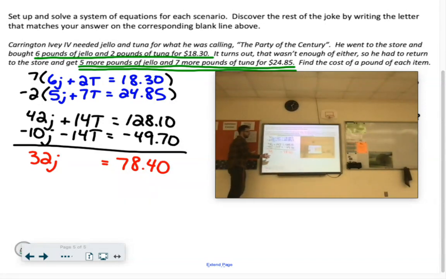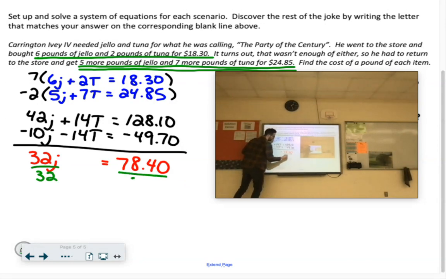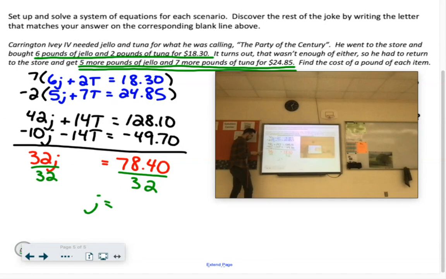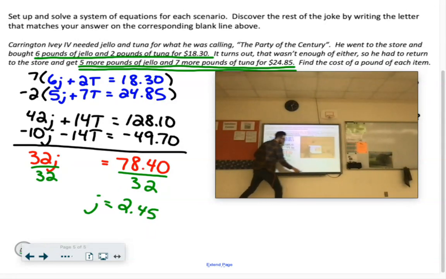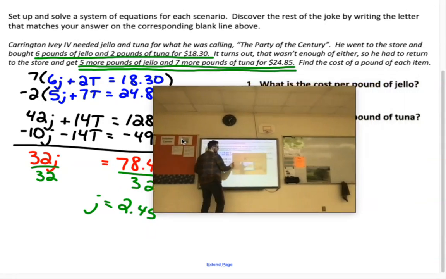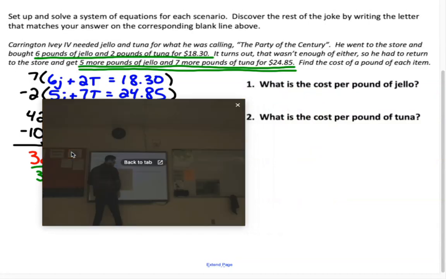Now we are going to divide this by 32 to get the cost for 1 pound of Jello. J equals 2.45. So I'm going to come over here and say the Jello's $2.45.